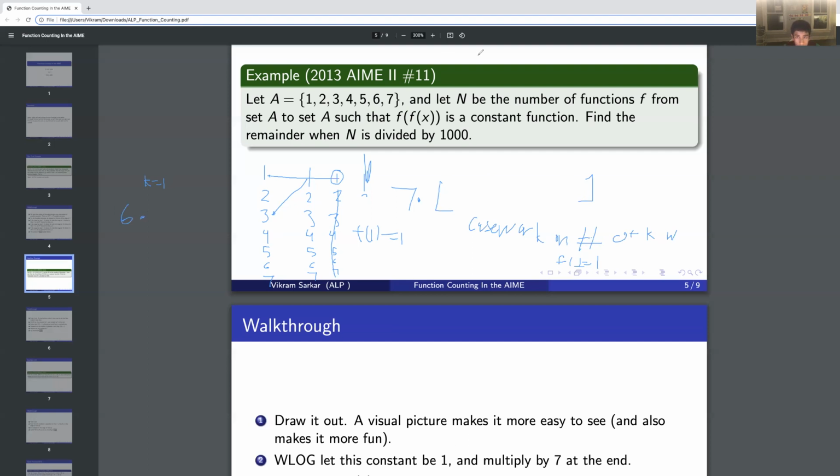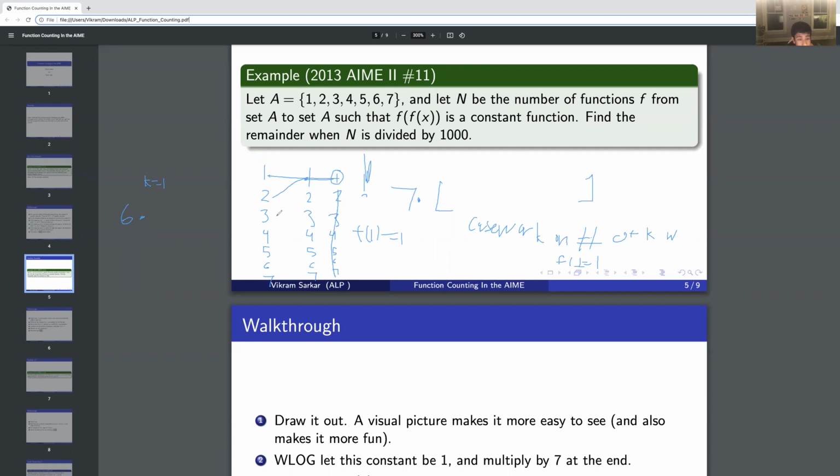So without loss of generality, to make life easier, we can say f of 2 equals 1. Right. And now let's consider these things, right?